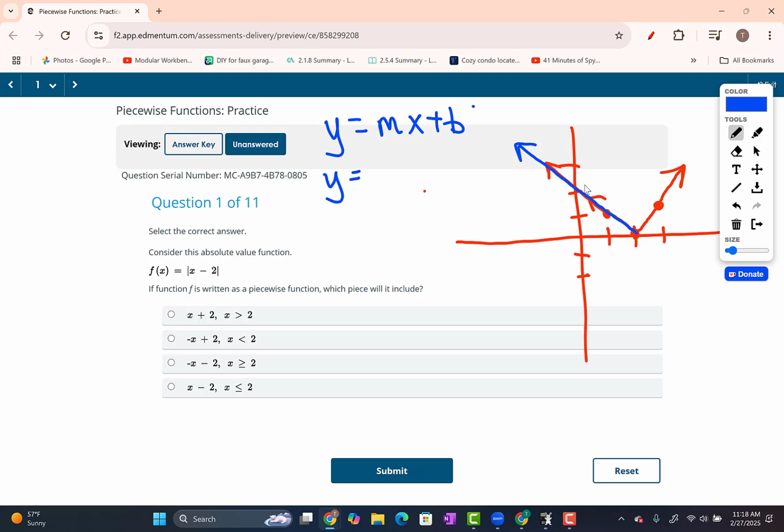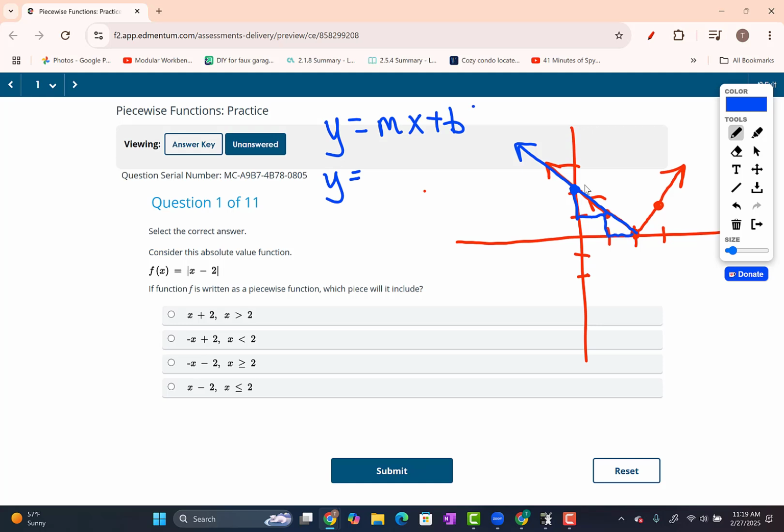First off, I should recognize the slope is negative because this line, if you read it from left to right, which is how we read lines, is going downhill from left to right. And specifically, it's going down 1, right 1.